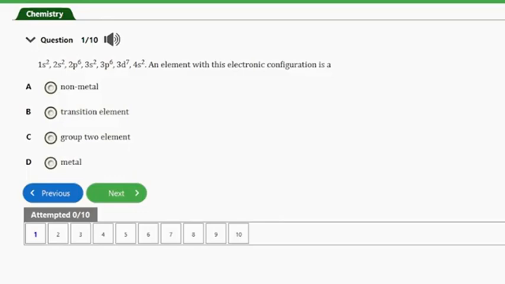The answer to this question is option B, transition element. This is a transition element because it is a d-block element, and you know that d-block elements are transition elements. Particularly, this is the electronic configuration for cobalt. So that's for that question.